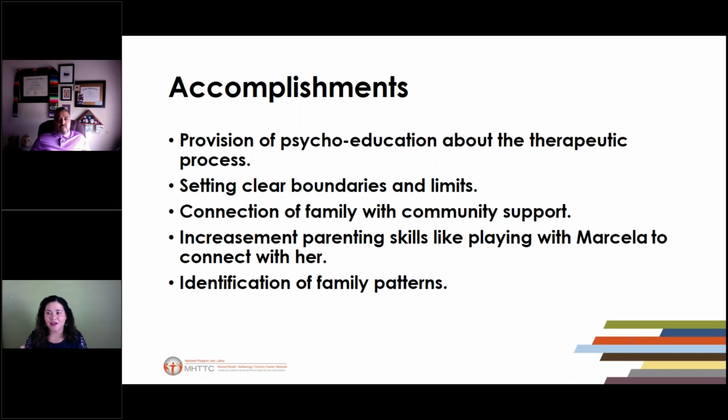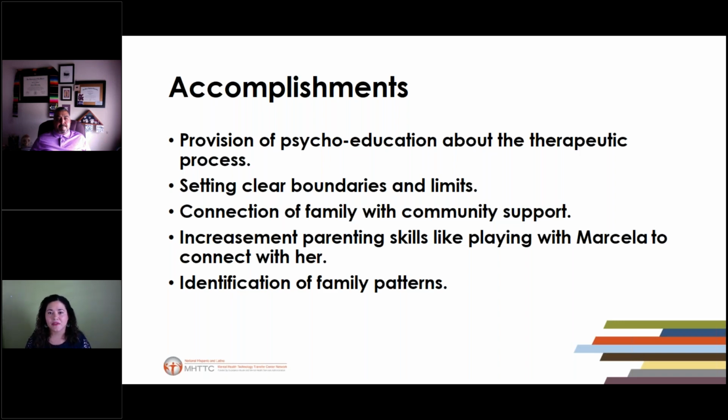So some of the accomplishments that I would say my client had during sessions were that she increased her emotional vocabulary, and she felt more open to discuss her emotions with father and with mom. Also, she was more calm and more excited to stay with the father. We made a referral for Project Fatherhood.